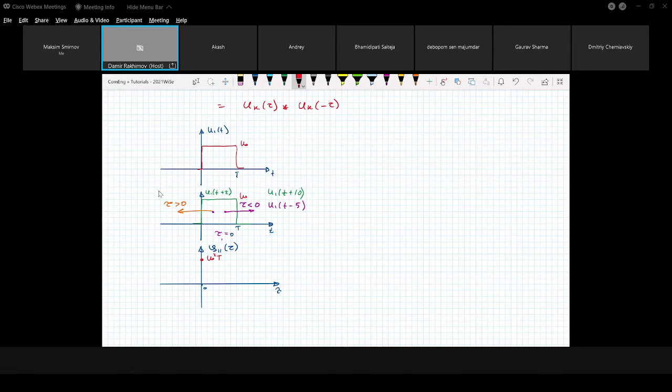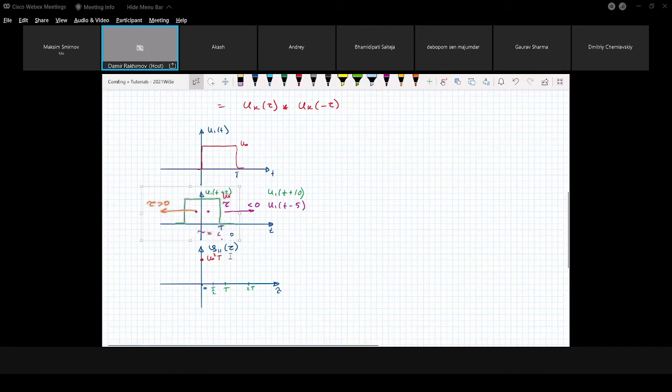So this is our scenario. But then, usually we take first positive delays, then negative delays. So let's move to the positive range. Let's take typical values like t/2, T, maybe 2T, and so on. So we take t/2. We have to move our pulse by t/2 to the left, like this.